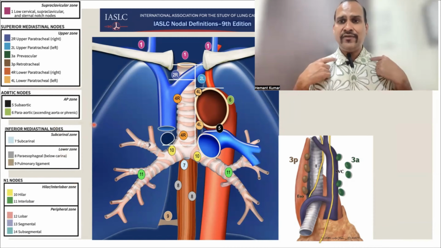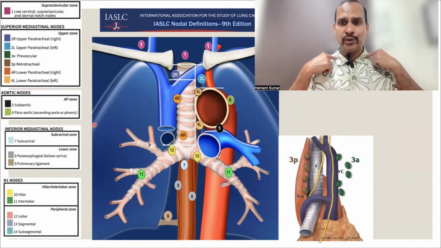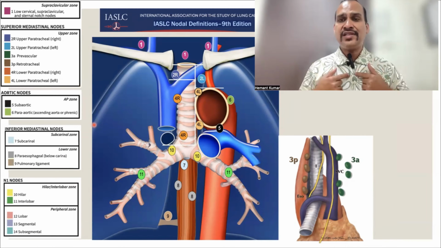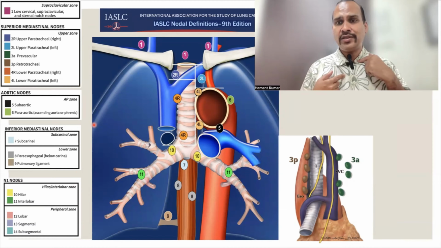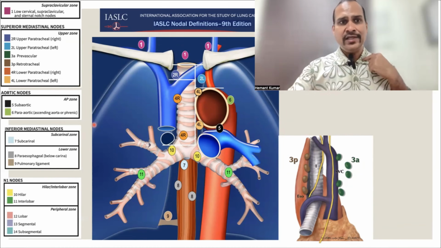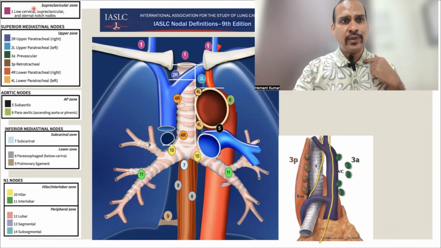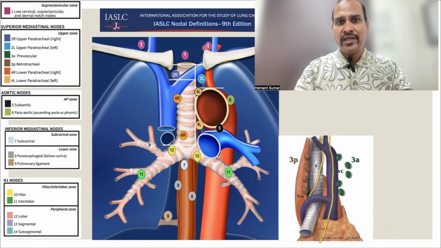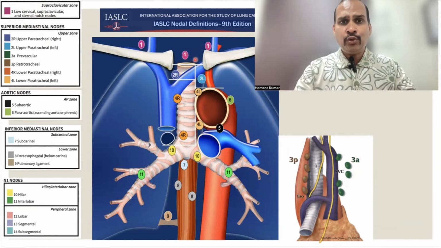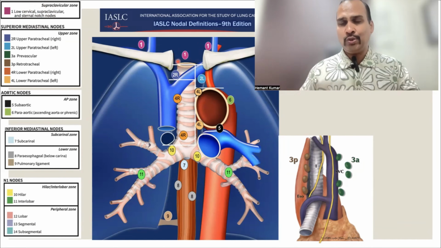Just above the clavicle, there are supraclavicular nodes, above the sternum suprasternal nodes, and here is lower cervical. So this is station 1. Station 1 is lower cervical, supraclavicular, and sternal notch. To identify station 1, we don't require a bronchoscope.